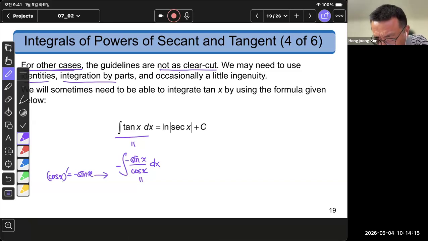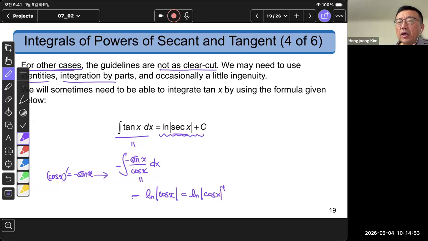So if I integrate negative sine x over cosine x with respect to x, you get ln cosine x. Since I have this negative sign, that is the reciprocal of cosine, which is secant. So if I integrate tangent x, then you get ln secant.